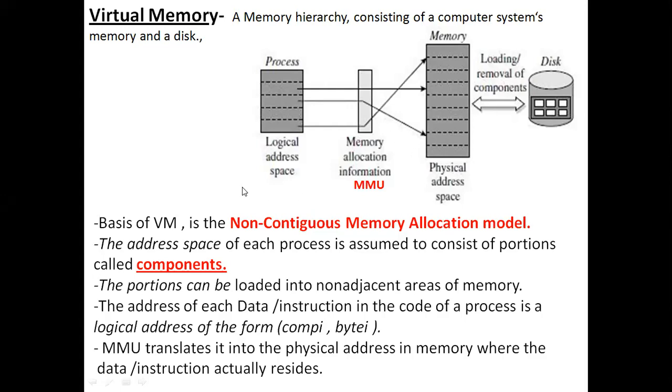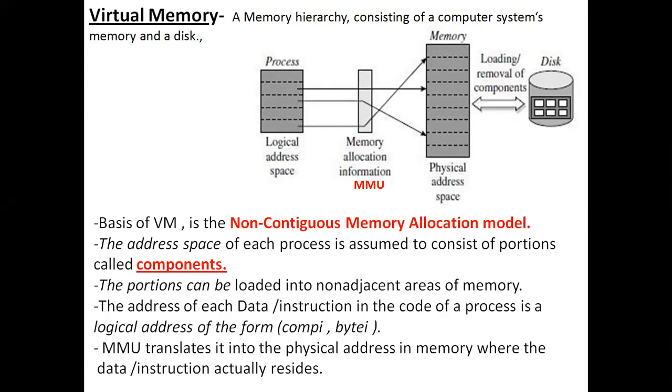We have the logical address space of the process as shown here, divided into 5 different parts or components, and among these 5 components, 3 are presently in the memory.